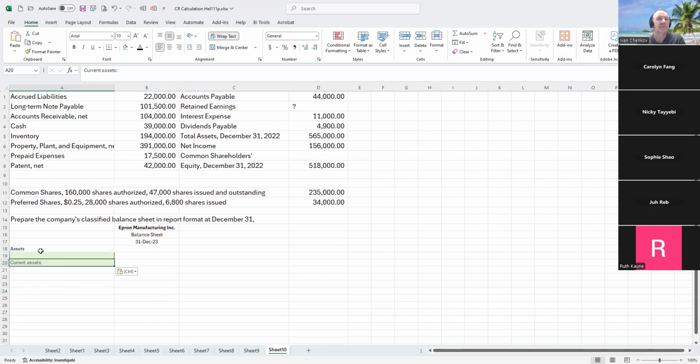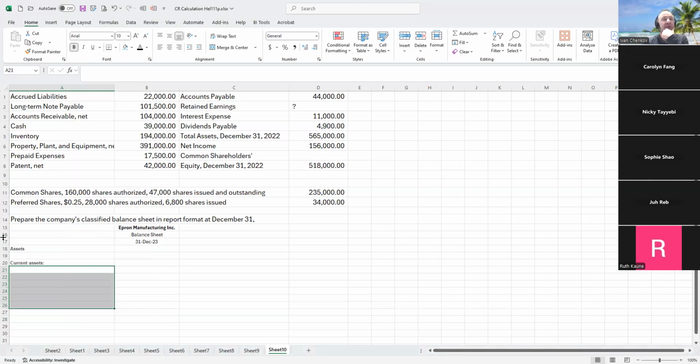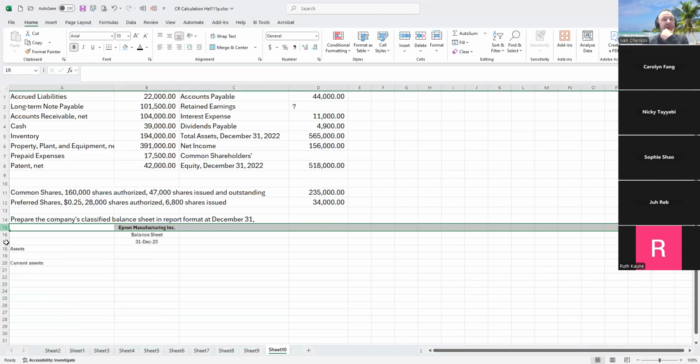And we're going to start one after another. Current assets, which assets are we going to start with? What's the order here for the assets? How are we going to show our assets? Give me some ideas. If you have to show the assets, how are you going to show them?